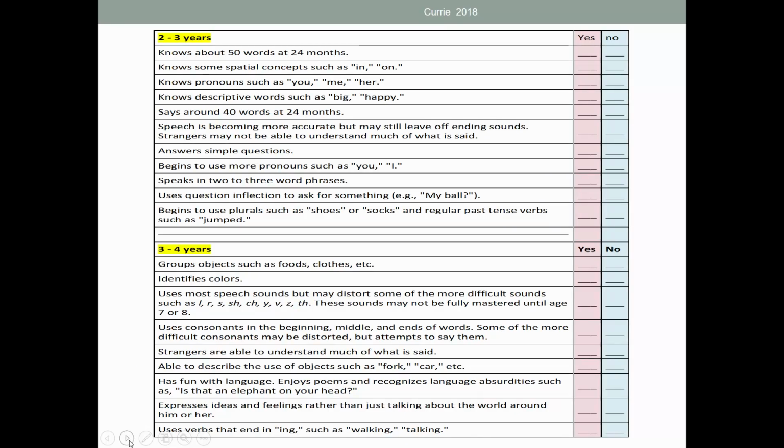So let's go to the developmental approach for a moment. So we know, for example, between 2 and 3 years, all of these things on the checklist the child is supposed to be doing.